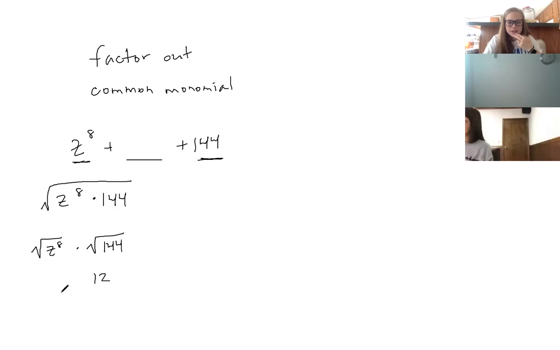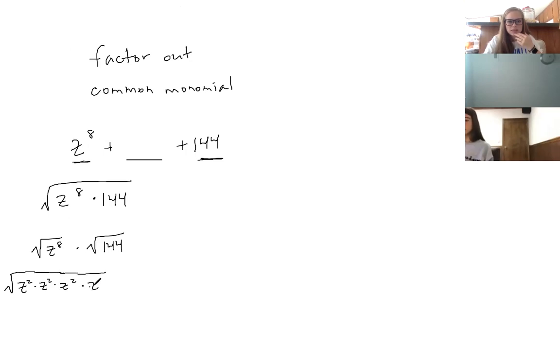I haven't taken the square root of anything outside of to the 2nd power. So can I make z to the 8th z squared times z squared times z squared times z squared?